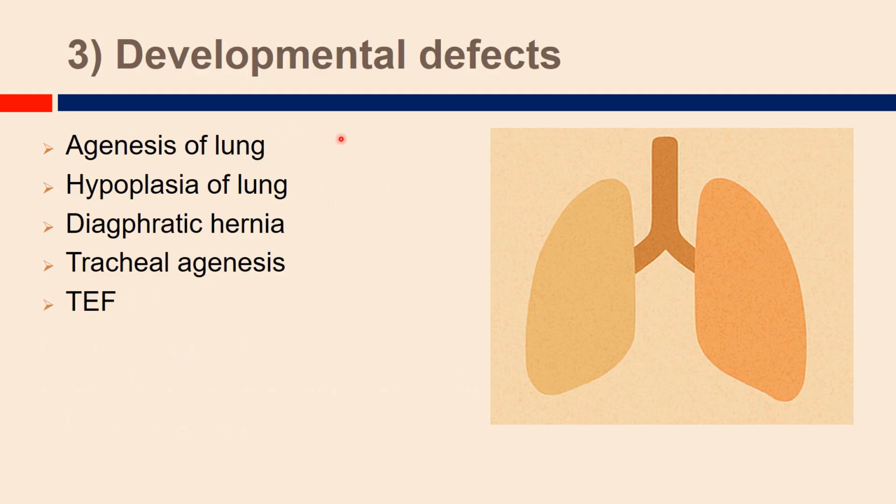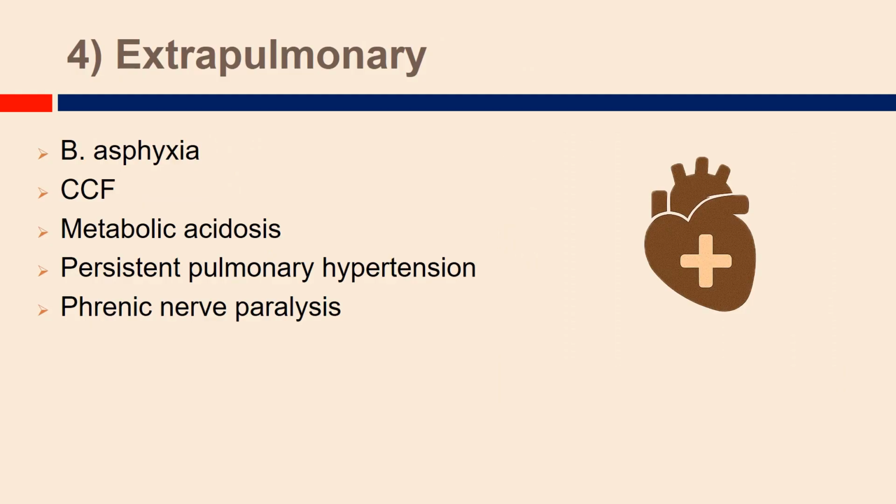And there are certain developmental defects which lead to respiratory distress: agenesis of the lung, hypoplasia of the lung, diaphragmatic hernia, tracheal agenesis and tracheoesophageal fistula. So these are all anatomical, developmental defects leading to respiratory distress. And now come to extrapulmonary causes.